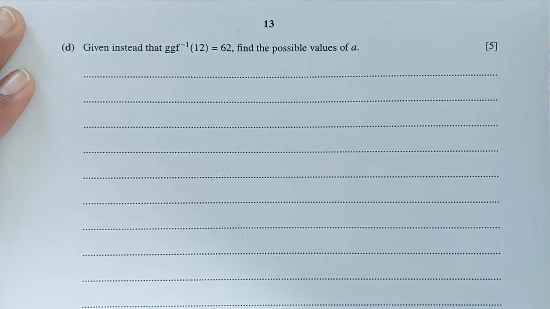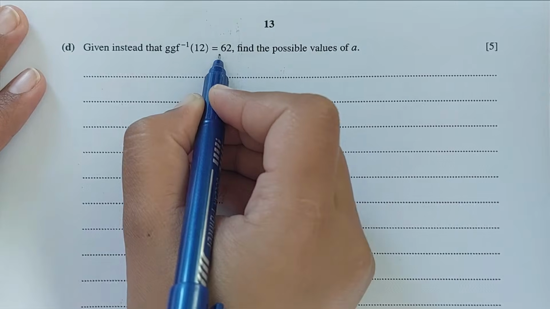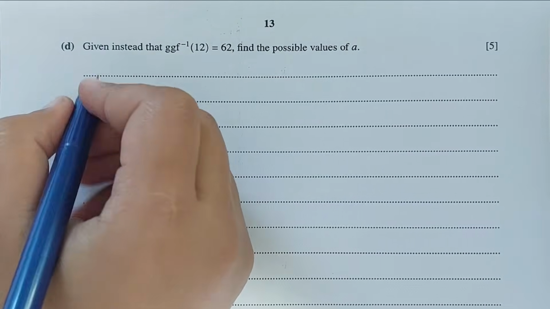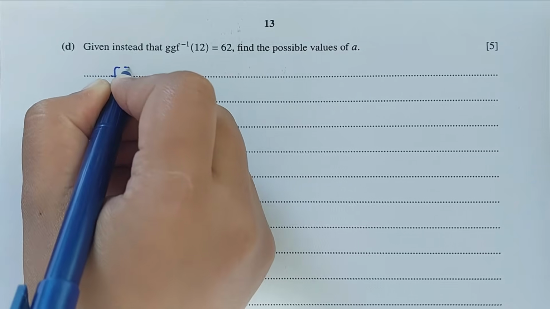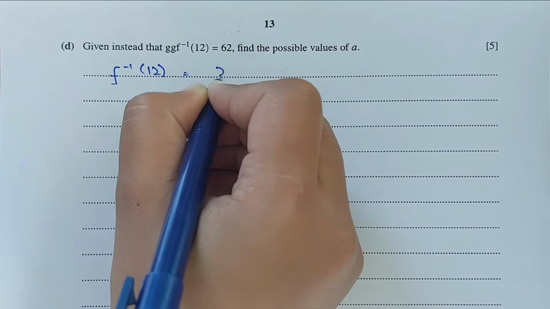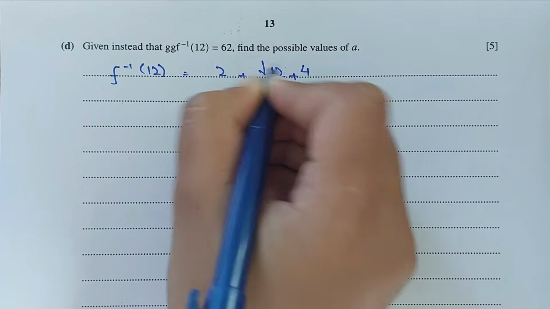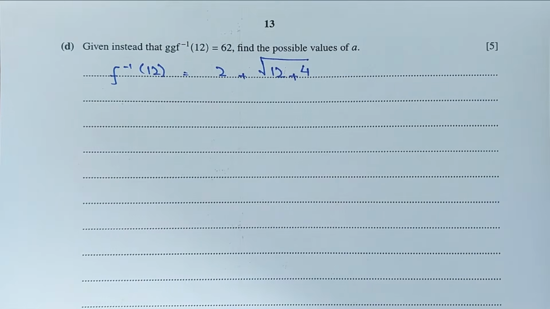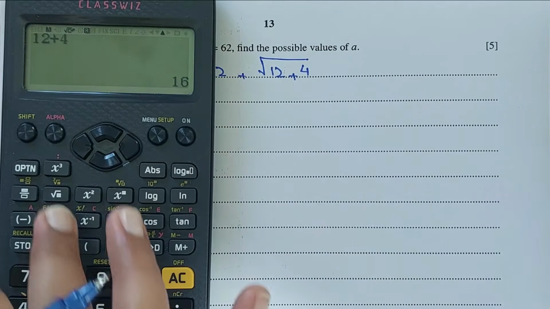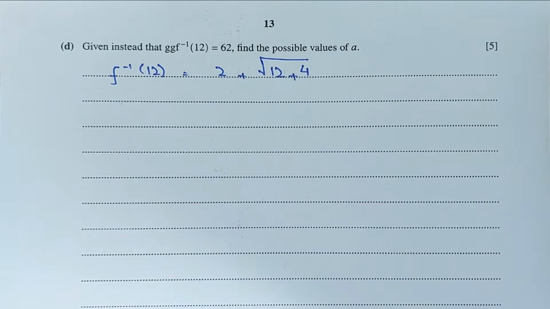Now for part D, given instead that g composition f inverse of 12 is 62, find the possible values of a. Right, so what is f inverse of 12? f inverse of x is 2 plus square root of x plus 4, so with 12 plus 4, let me solve. 12 plus 4 is 16, the square root of 16 is 4, and then plus 2 makes 6.